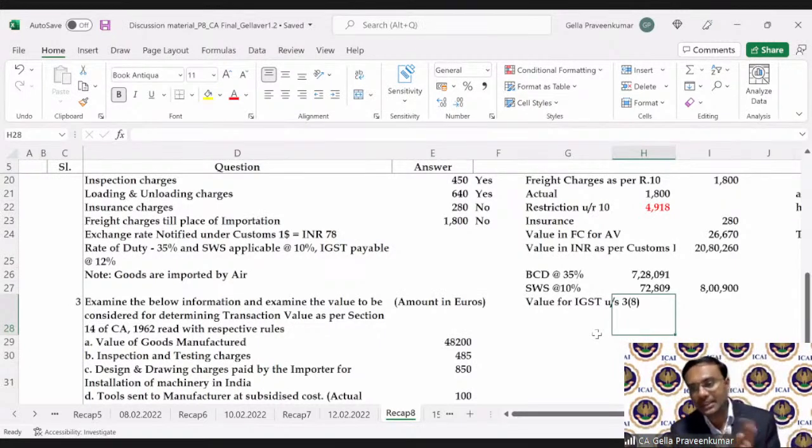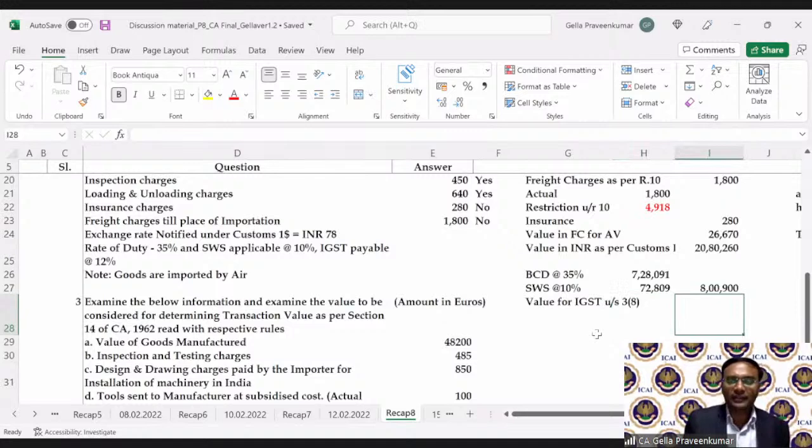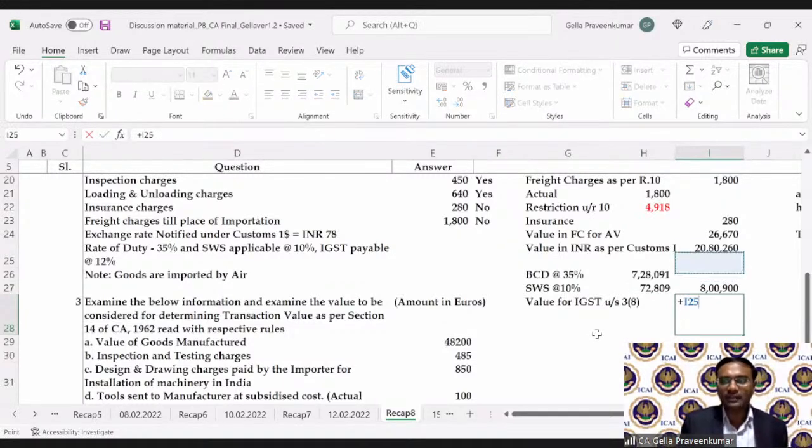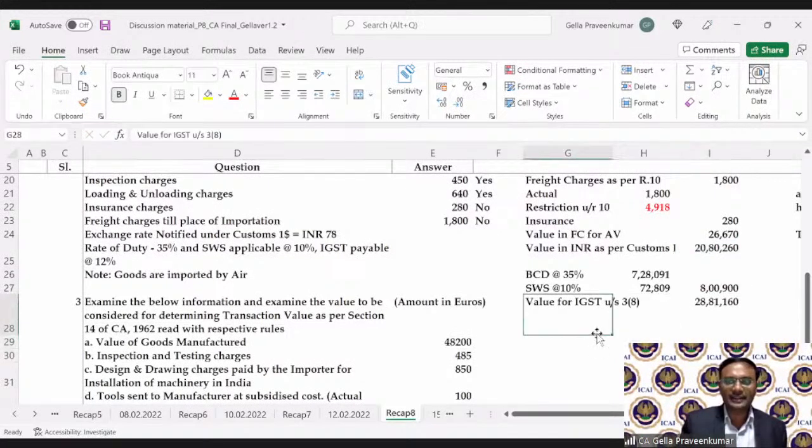This particular subsection 8 says, for the purpose of my IGST, please take the value of your imports plus the applicable customs duty, plus any surcharge paid on this particular amount. So here the value for IGST happens to be 20,80,000 plus 8 lakhs, on this amount, 28 lakhs. Let me just put a small differentiator.